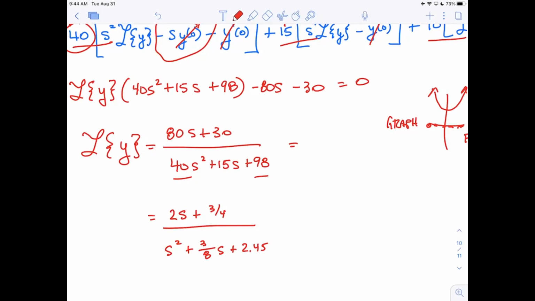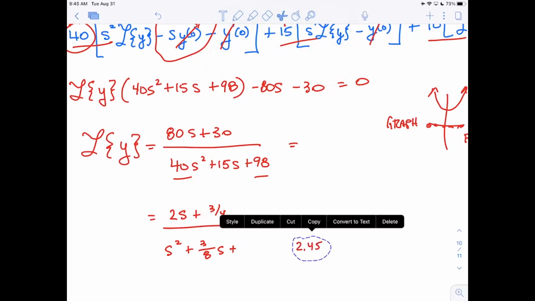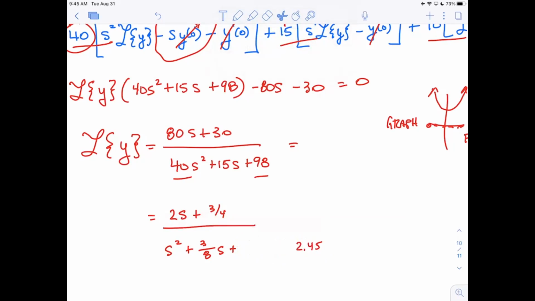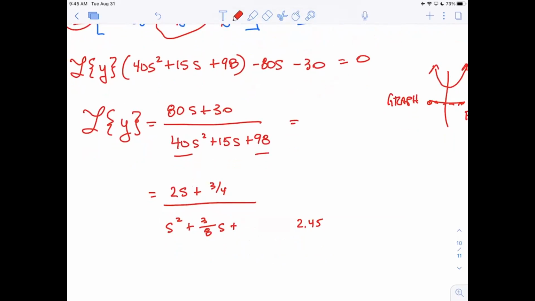Because we're trying to complete the square, what do we wish was right here instead of 2.45? 2.45 isn't gone, but what do we wish was right here? Well, since we need 3/8 to happen, does it make sense this has to be 3/16?